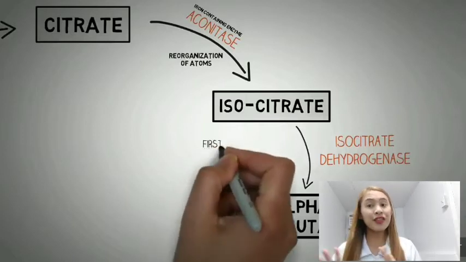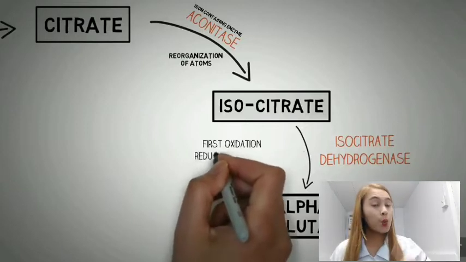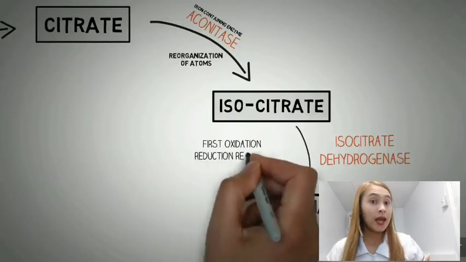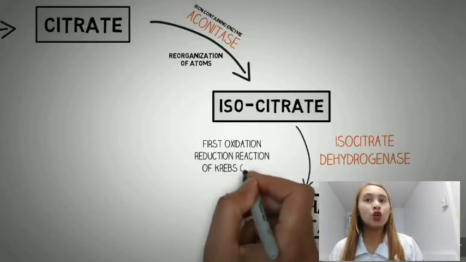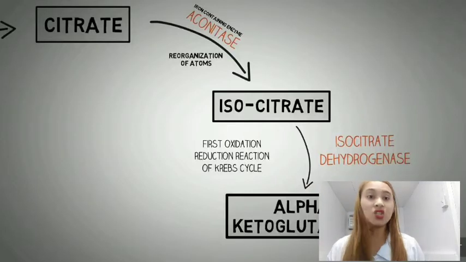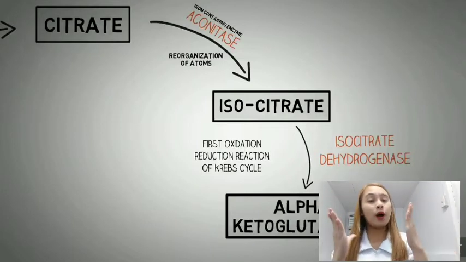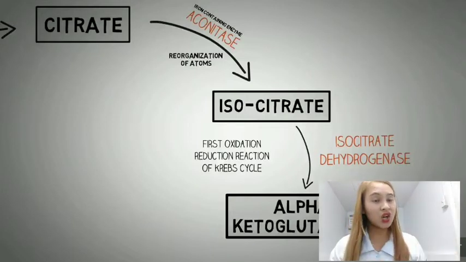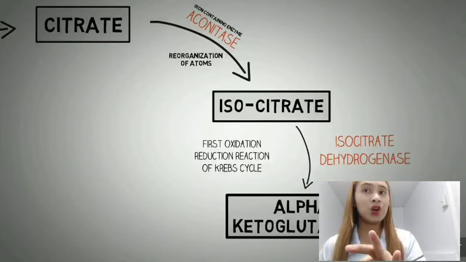This oxidation reduction reaction is the one which produces energy in the Krebs cycle. And all of these reactions use enzymes which are known as the dehydrogenases. So the dehydrogenases are the ones responsible for the oxidation reduction reaction. That is the main job of these dehydrogenases.